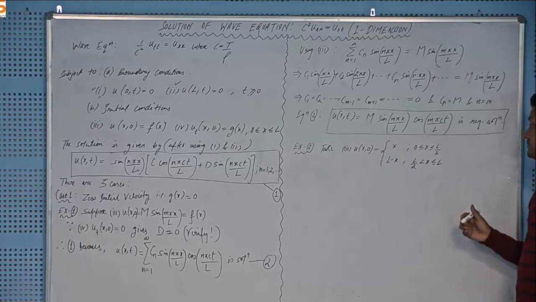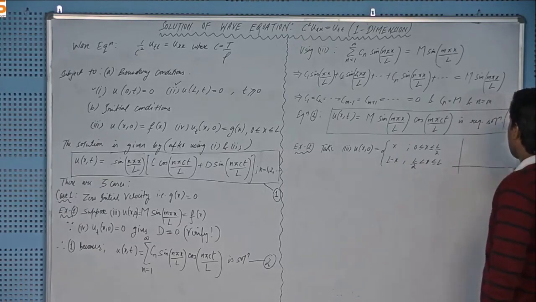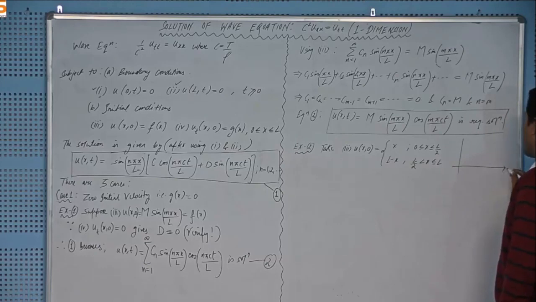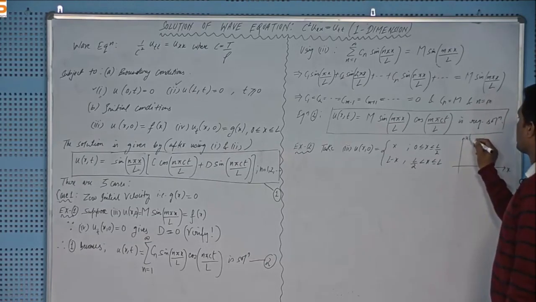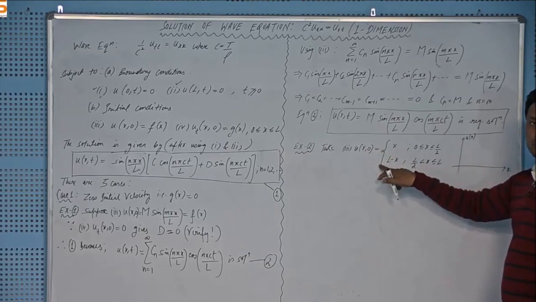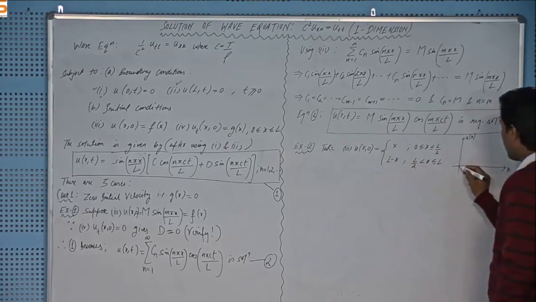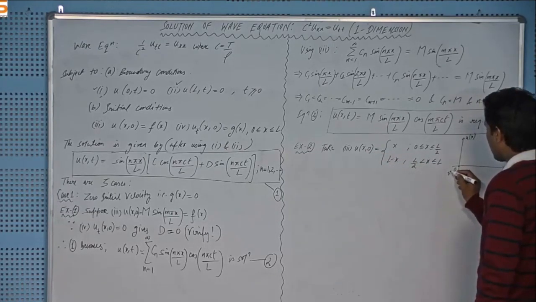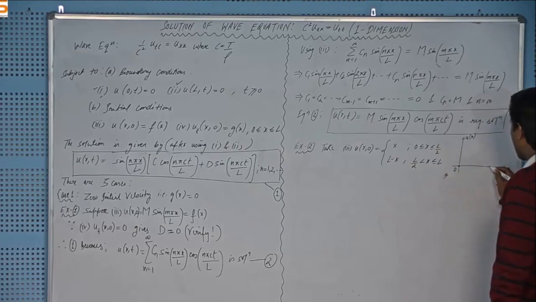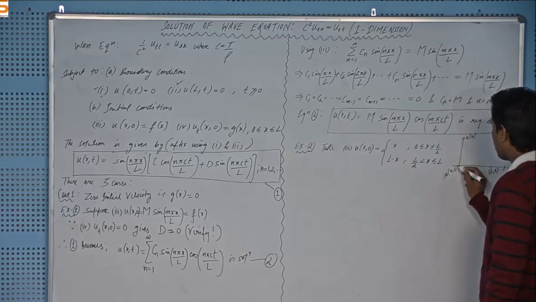It indicates that if you draw the graph for this, that will be of the form, this is your x, this is u(x), meaning at time t equal to 0, the string is stretched between these 2 points. This is x equal to 0, and this is your x equal to L, right? L comma 0 will be the coordinate, and this will be 0 comma 0, right?